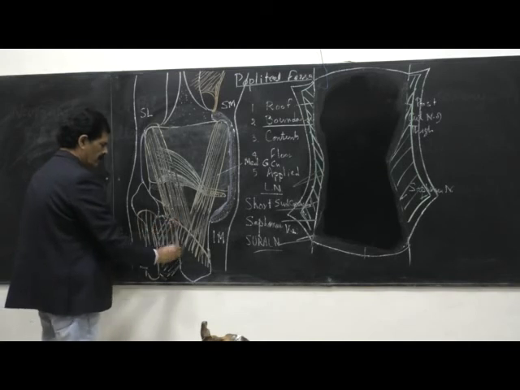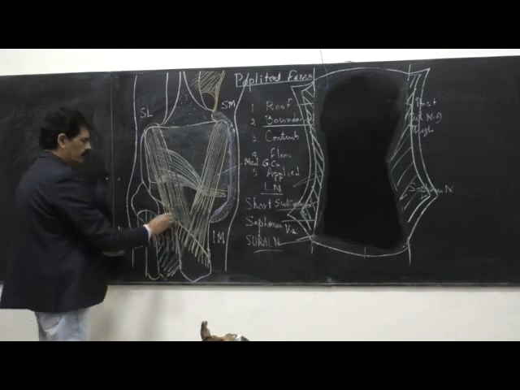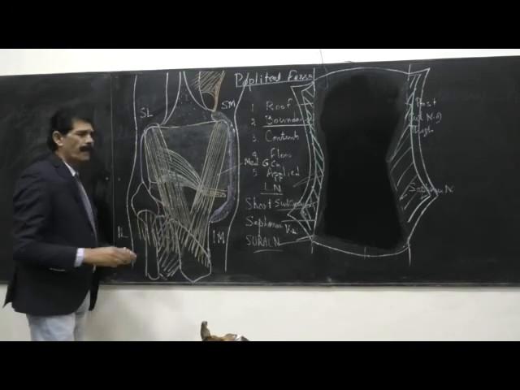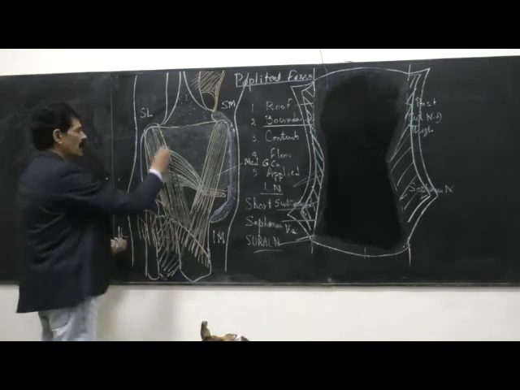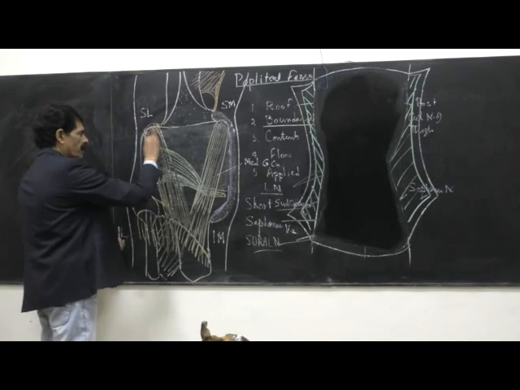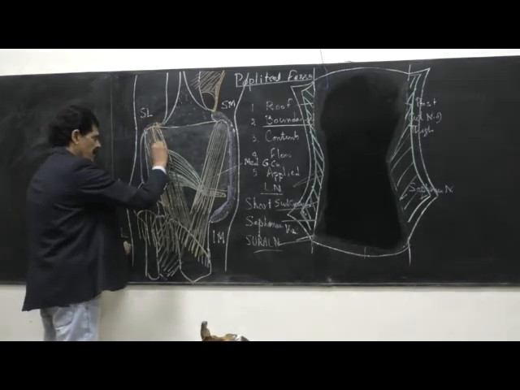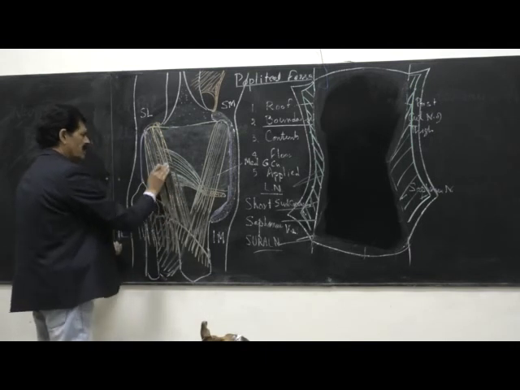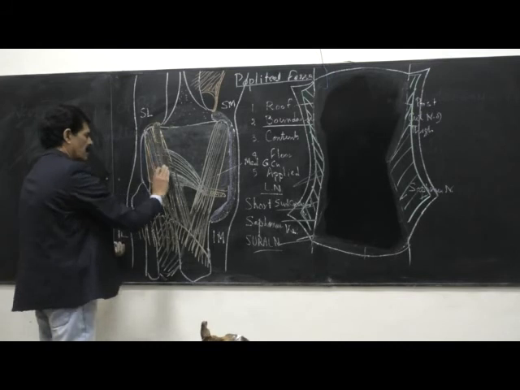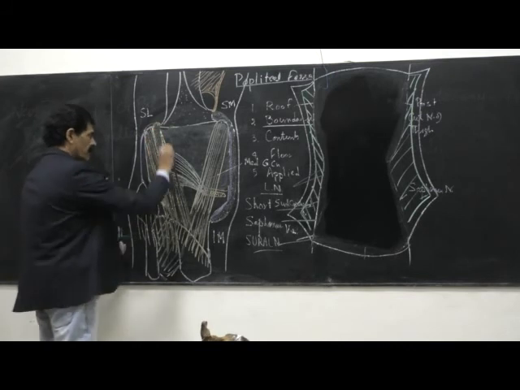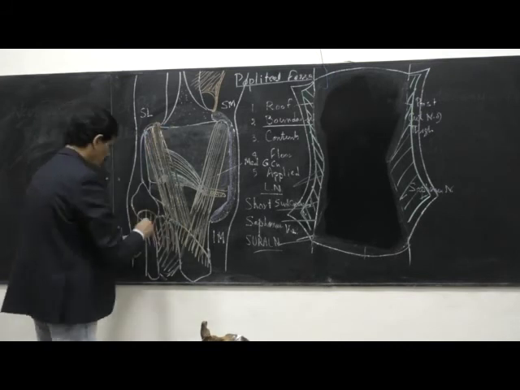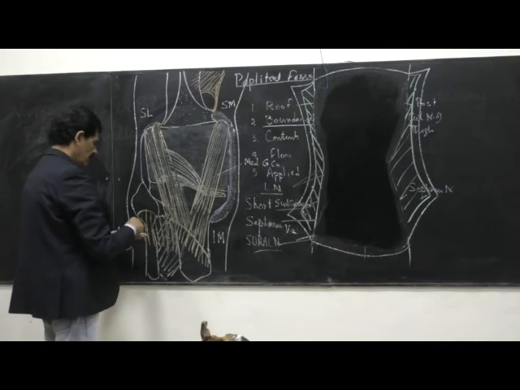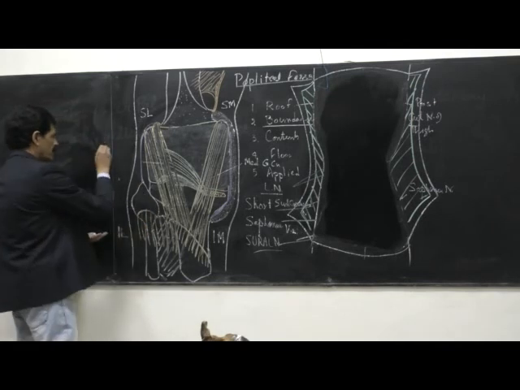Sometimes, in 10% of the population, another muscle also takes origin from the lateral condyle and runs over the lateral gastrocnemius. This is the plantaris. It is also fused with the soleus muscle.